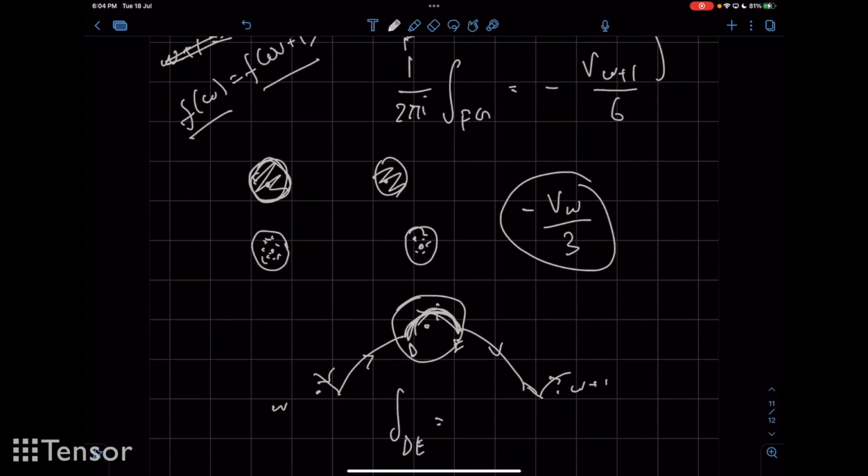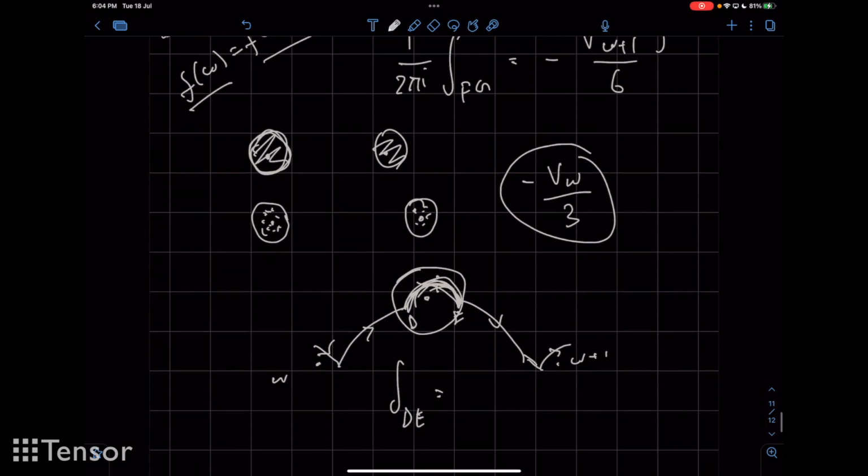So in the limit as epsilon goes to 0, where epsilon means the radius of this arc, what is the angle? Yeah, it's pi, right? In the limit, it's pi. So it should give us pi times i of f, right? Pi i, sorry. Yeah.